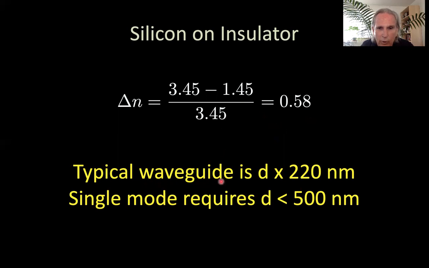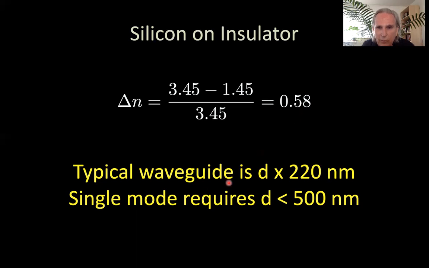A typical single mode waveguide in silicon is D by 220 nanometers. I mentioned that 220 nanometers is the upper layer. Single mode requires that D is less than about 500 nanometers. Just to compare this with an optical fiber, again, the delta N is 0.01.